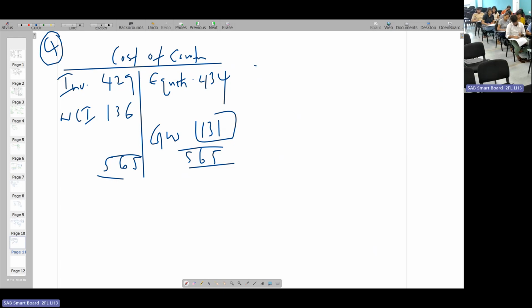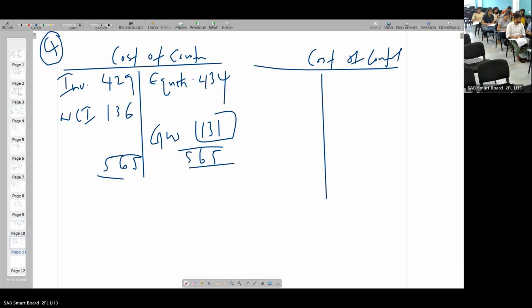Right, shall we do the same thing with another method of NCI calculation? Cost of control. Fair value method. Investment 429, ඒව වෙනස් වෙන්නේ නැහැ පුතා. Equity 434.